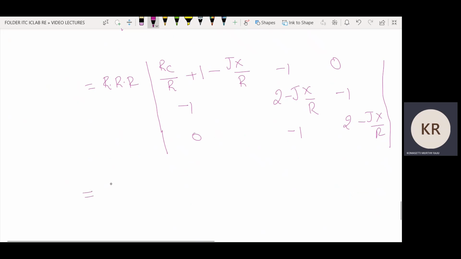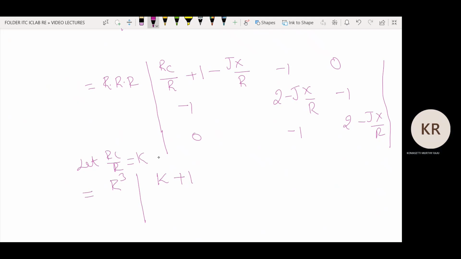That is equal to R cube. Let RC by R be equal to K. Later I will explain the importance of the K value. K plus 1, and also alpha is equal to X by R. So K plus 1 minus j alpha, minus 1, 0.